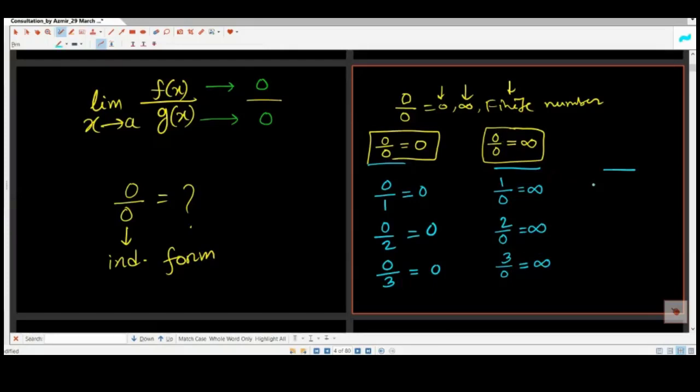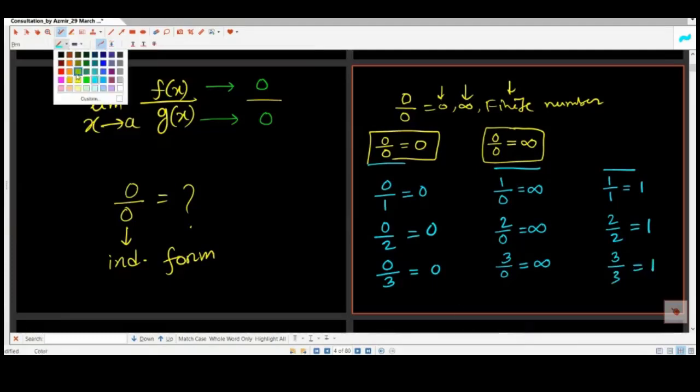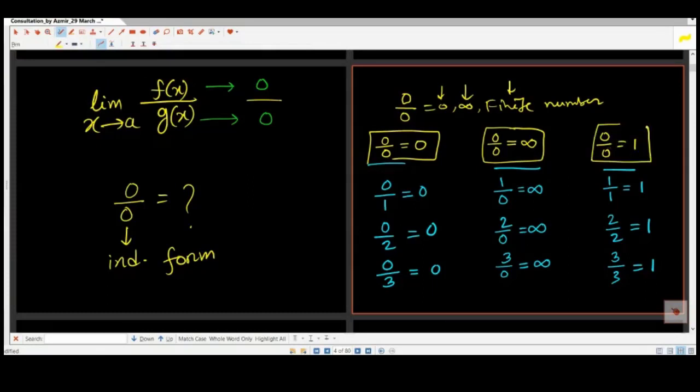We can also think about another way. Suppose we have 1 over 1, so the result will be 1. 2 over 2, the result will be 1. 3 over 3, the result will be 1. So in a similar way, we can write 0 over 0 as 1. This is also possible.